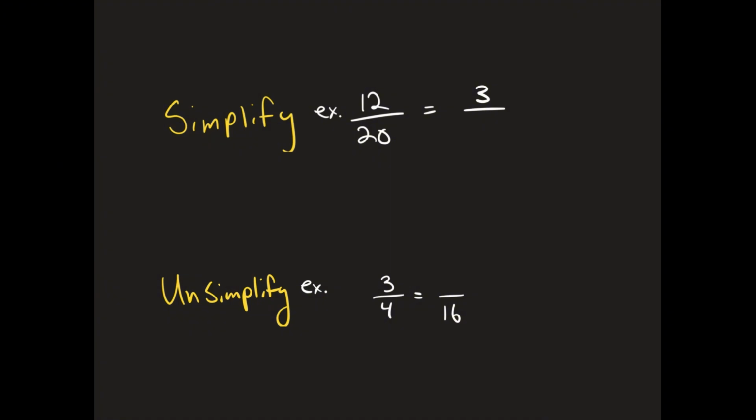Simplify means, if you remember our pizza diagram, technically the more parts there are, the more slices, but those slices are getting smaller and smaller. So we have to figure out an equivalent fraction, a fraction that is equal to it, that is more simple.